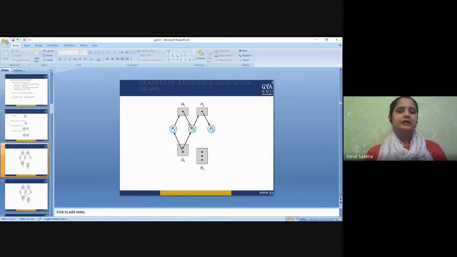That means P2 has acquired R1, or this resource R1 is already assigned to P2. Similarly, P2 is requesting resource R3, and at the same moment, R3 is already assigned to P3. Here you can also see the directed edges from R2 to P1 and P2. So here we are showing that this resource R2 has 2 instances, right?